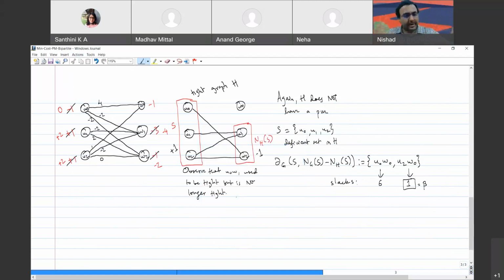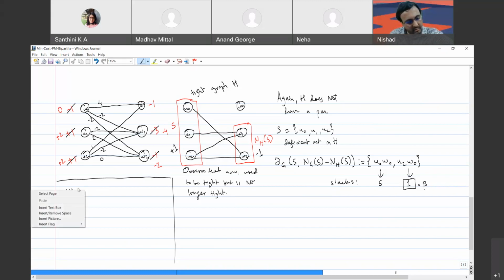All right, so let's draw the tight graph again. U0, U1, U2, W0, W1, W2. Okay, so for edges which had one end in S and the other end in neighborhood of S in H, they will remain tight.